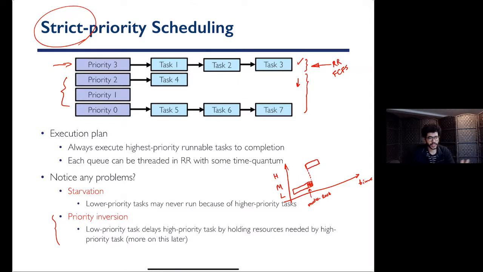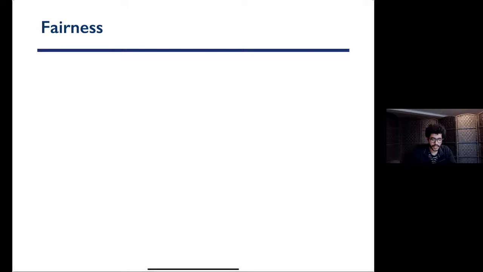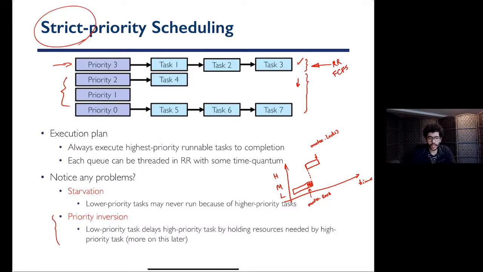Because this is a strict priority, we're not going to come back to L, we're going to just go with H. Now let's say at some point here, H also does mutex.lock. Now what's going to happen is, well, the mutex is locked by L, right? The low priority one.